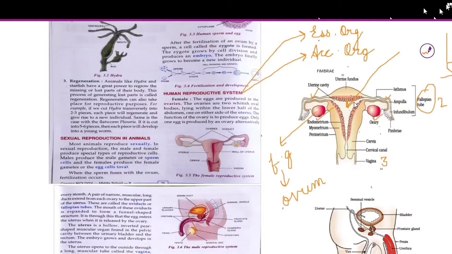So the uterus is a hollow inverted pear-shaped muscular organ located in the pelvic region of the body, in between the urinary bladder and the rectum.